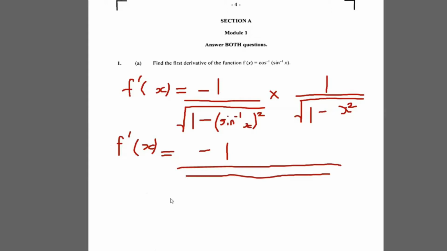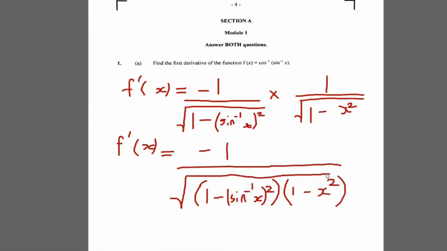It's going to be the square root of 1 minus sine inverse of x all squared, sine inverse of x is being squared, of course, all of this multiplied by 1 minus x squared. Nice and easy. And this takes care of the first question. No issues, and that's how you find the first derivative of this.